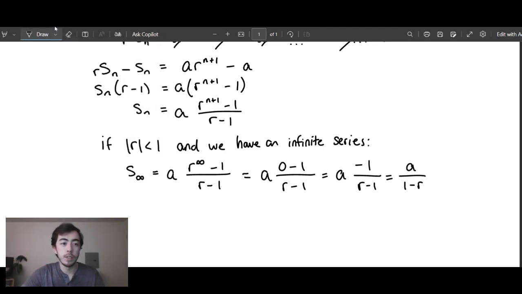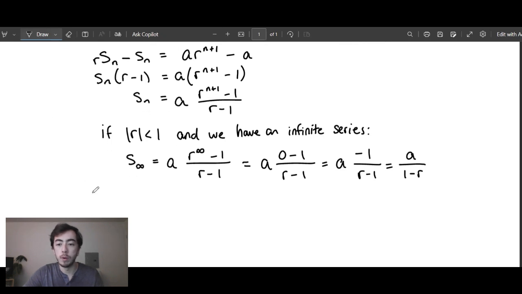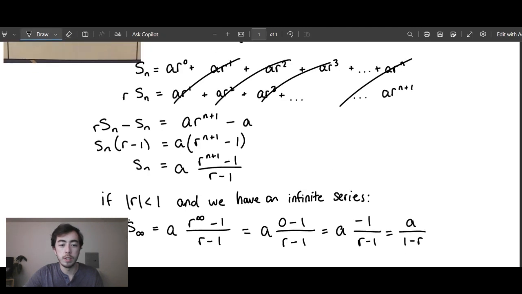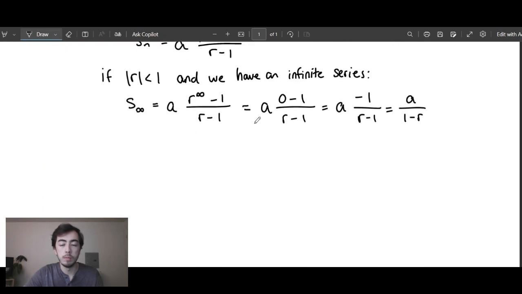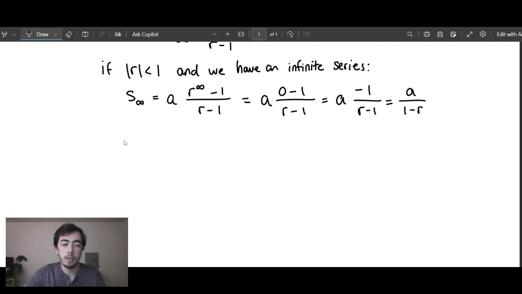So now I have this really convenient closed form equation for an infinite sum. And what is this infinite sum even going to be? It's a plus ar to the 1 plus ar to the 2. So just because now we're going into calculus, instead of r, I'm going to use x, because for me, x just makes more sense when I'm working in calculus.